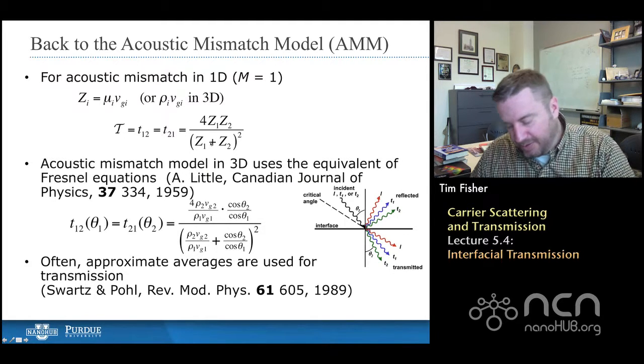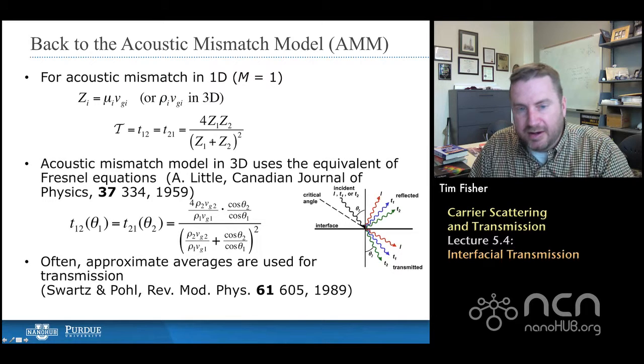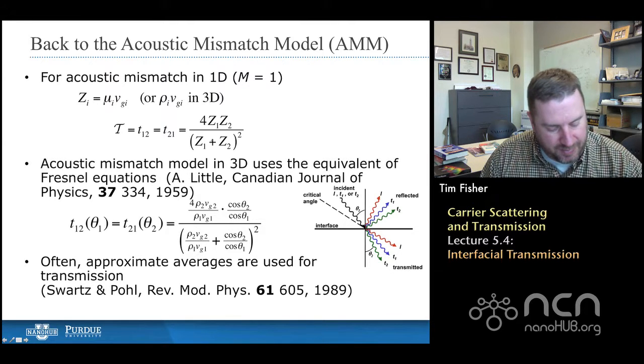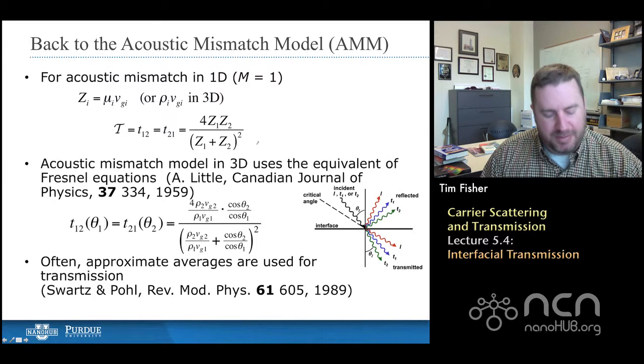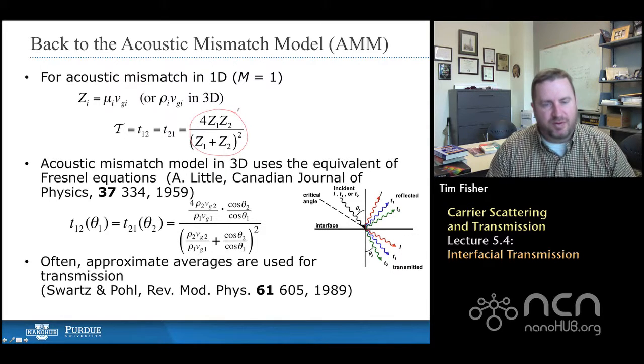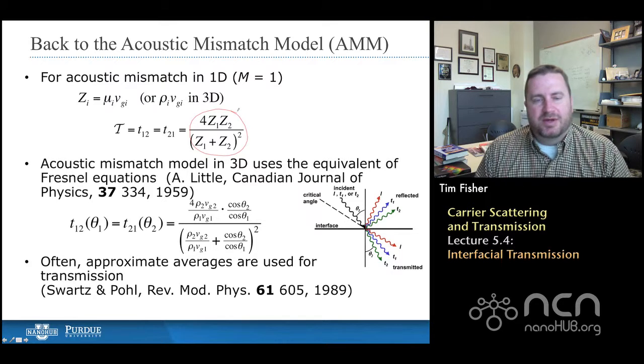And indeed, what we found before is that for the acoustic mismatch model, again, in a one-dimensional problem, that was just the product of the acoustic impedances times 4 divided by the sum of the acoustic impedances squared.